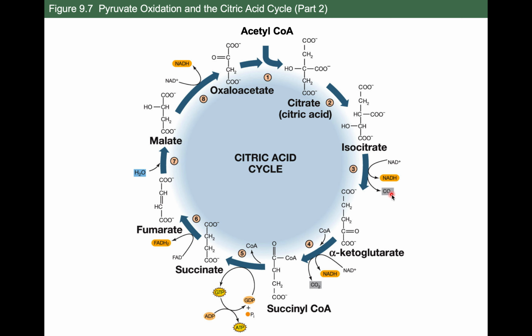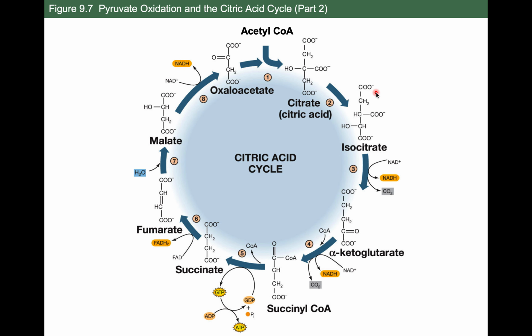And you'll also notice we're going to get 1, 2 CO2s for each turn of the cycle as well. So I do want you to know those numbers. Citric acid cycle, for each turn, will produce 3 NADH, 1 FADH, 2 CO2, 1 ATP.